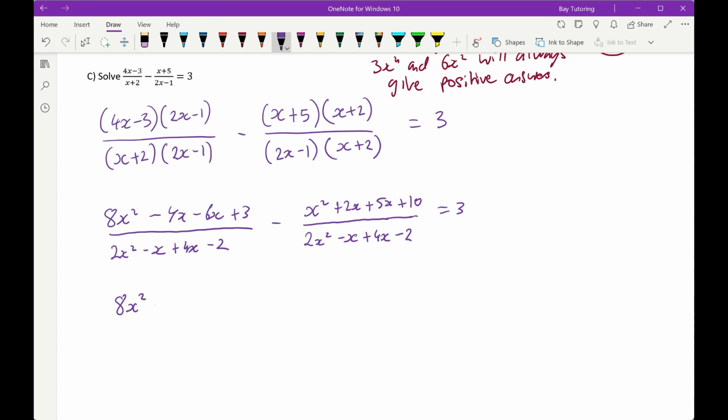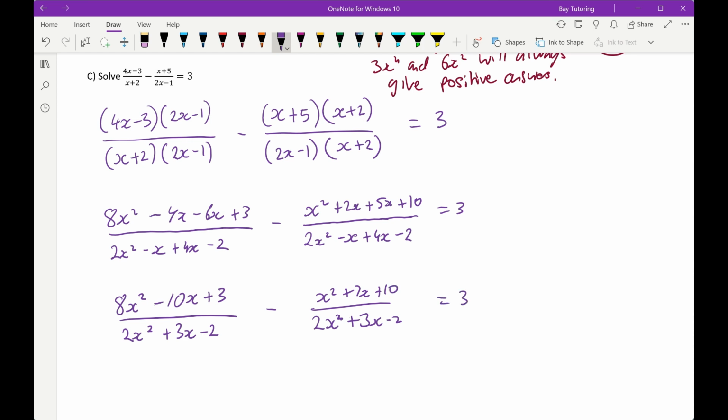So we can simplify that to 8x squared minus 10x plus 3. And at the bottom, that will simplify to 2x squared plus 3x minus 2. The other one, again, the denominator will be the same thing, and at the top, that will be x squared plus 7x plus 10.